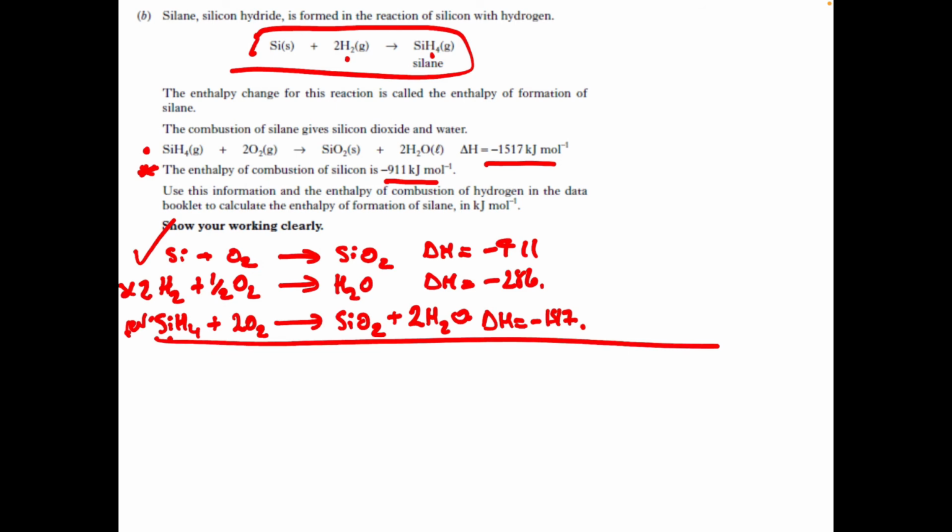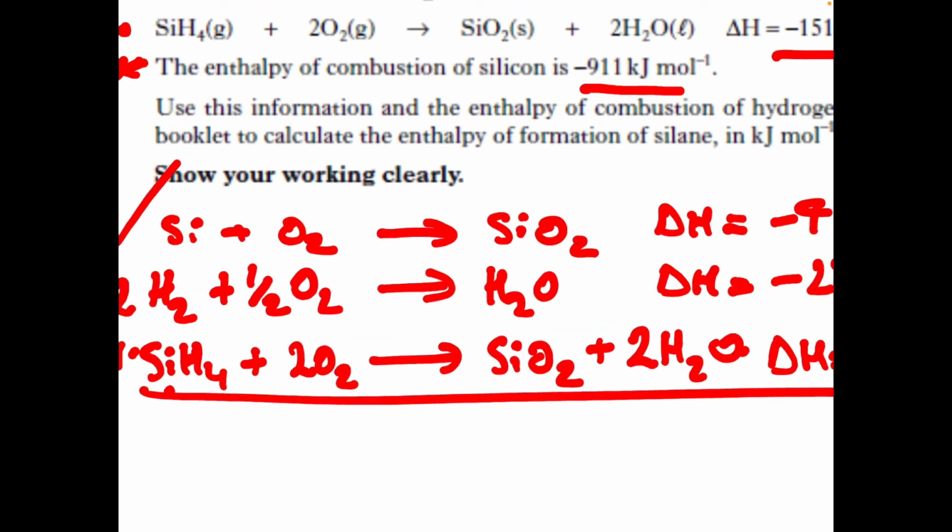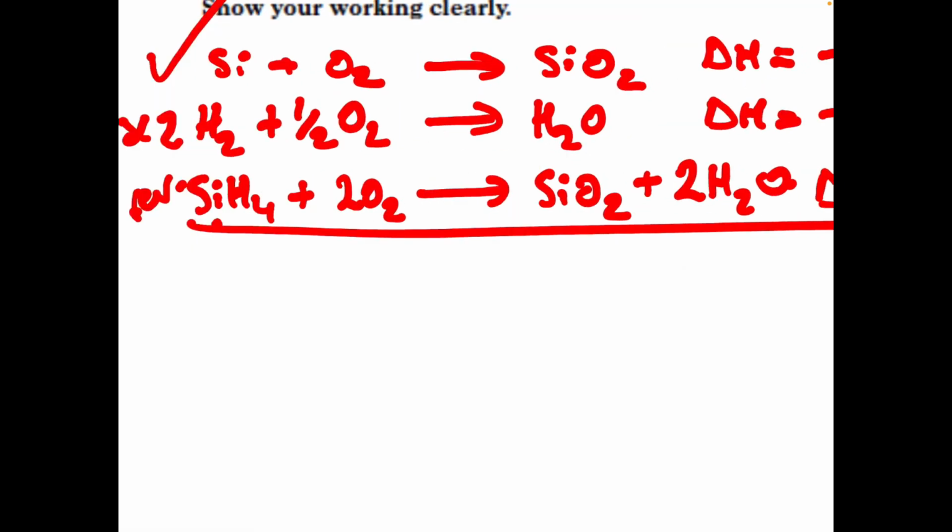Again, if you're quite happy just to manipulate the numbers at this point, that's fine, but I'll go through doing these equations again to make sure that you can write our correct target equation.